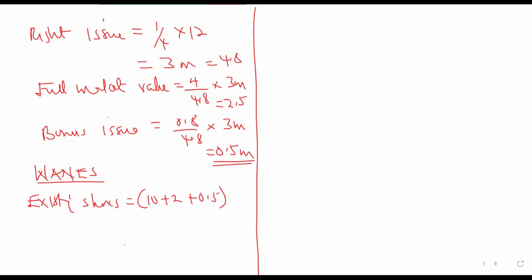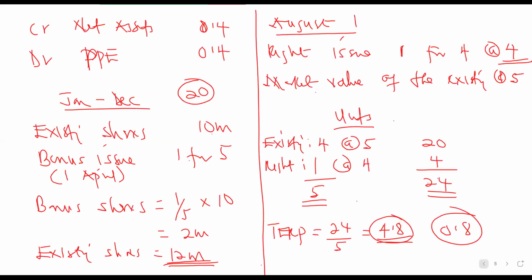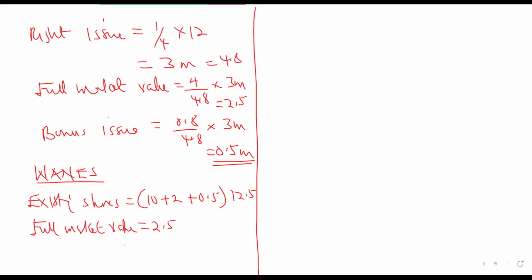Then this will now give you 12.5. So you now have your full market value. Your full market value will now be the 2.5 shares, which will start from 1st August to December: August, September, October, November, December. That will be 5 months. So you just do 5 over 12.